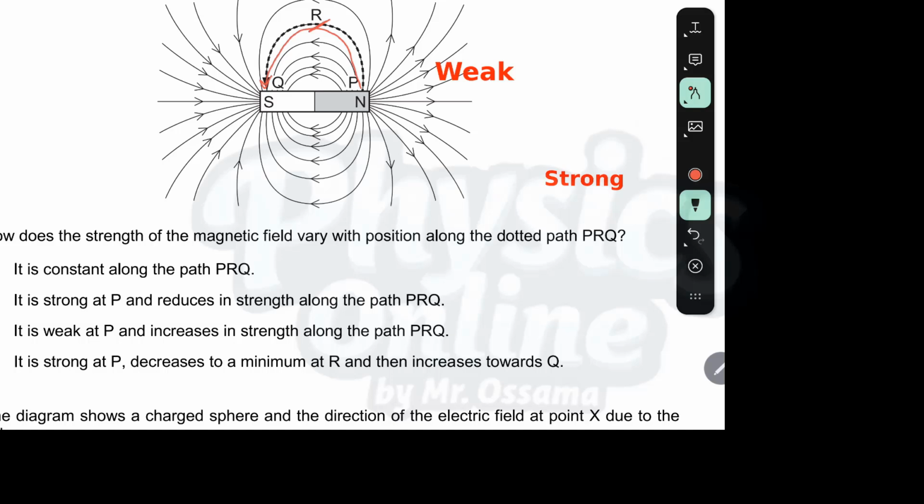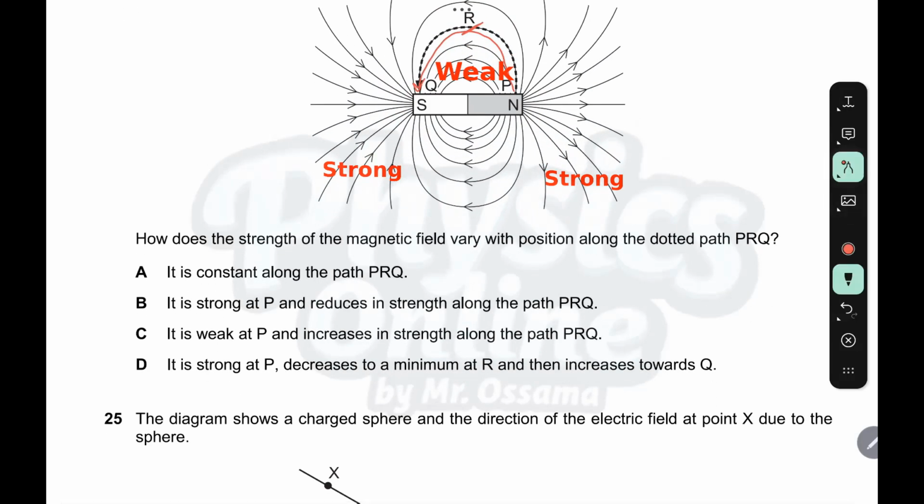Then back at Q, the field lines are close to each other again, so the magnetic field is strong again. So it's strong at P, weak at R, and strong again at Q. So we're going to choose answer B: strong at P, decreases to minimum at R, then increases back at Q.